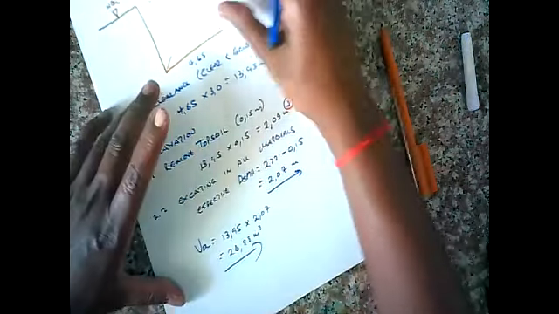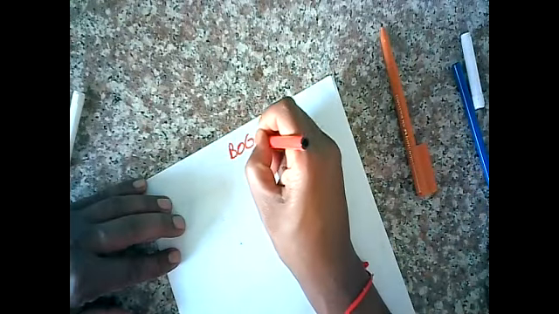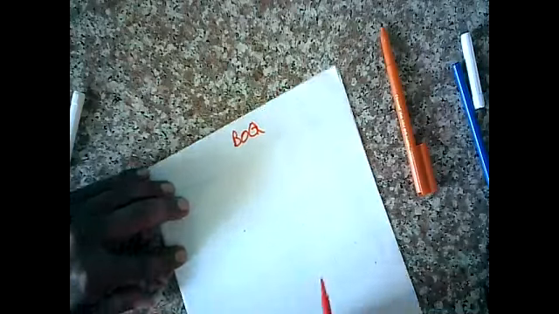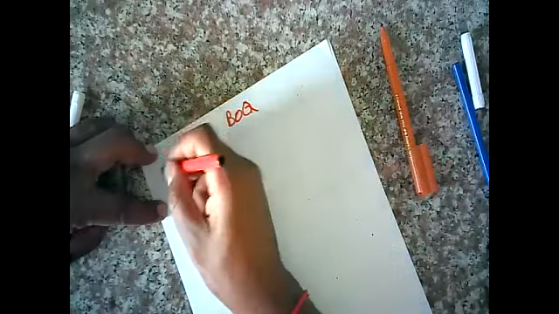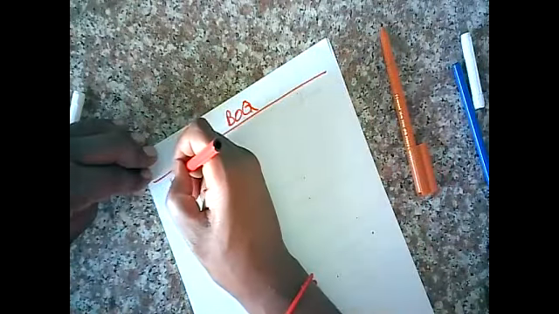Now we need to tabulate this. So let's tabulate this. What are we tabulating? We're tabulating our bill of quantities. All right? And a bill of quantities in a very specific format.